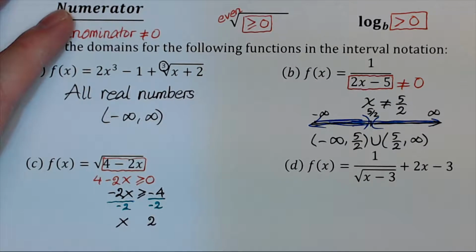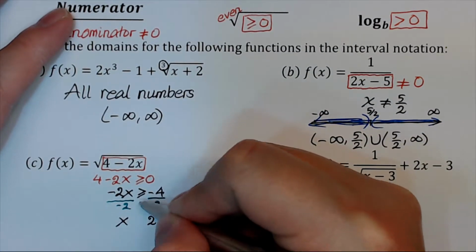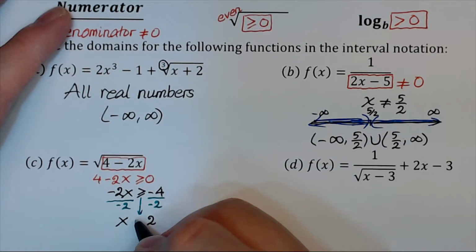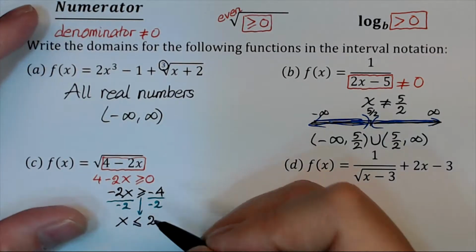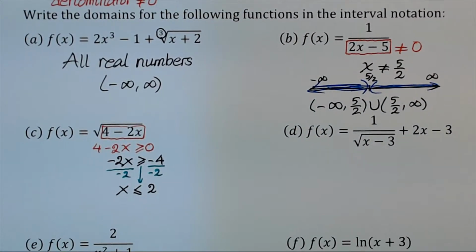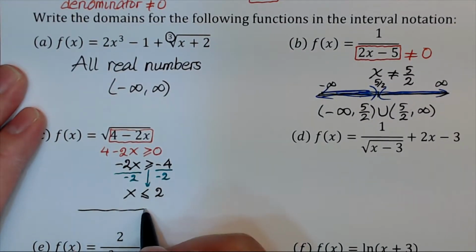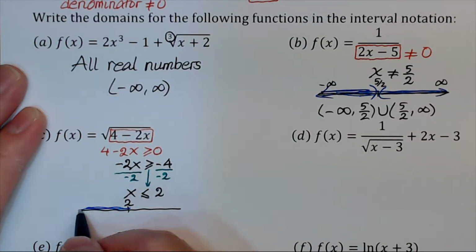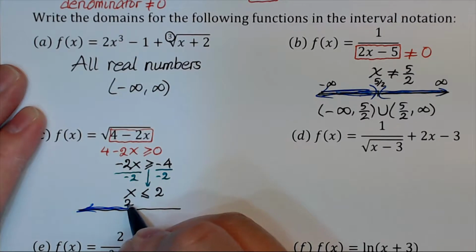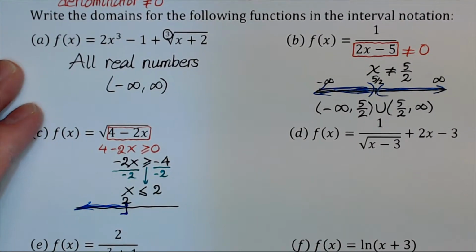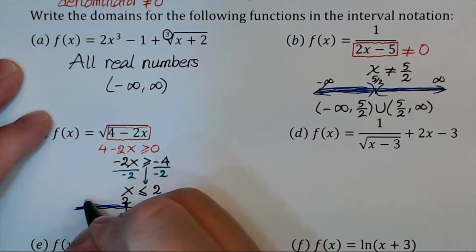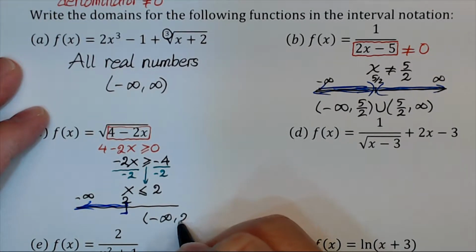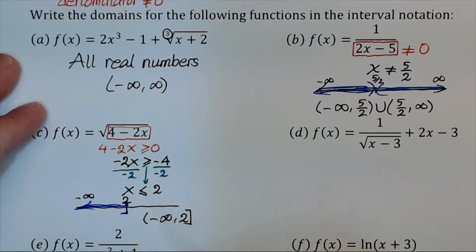The only thing we need to watch out for is that when we divide by a negative number, the inequality must be reversed, from greater than or equal to, to less than or equal to. So anything less than 2, meaning on the left only. It has the equal sign, so we put the square bracket: negative infinity to 2, square bracket.